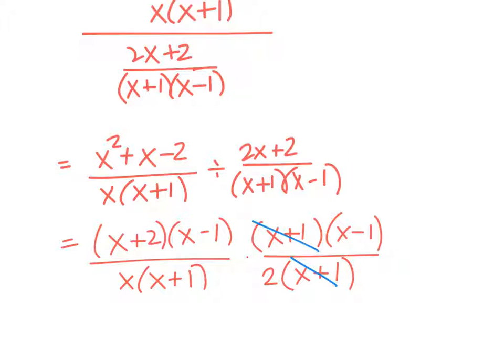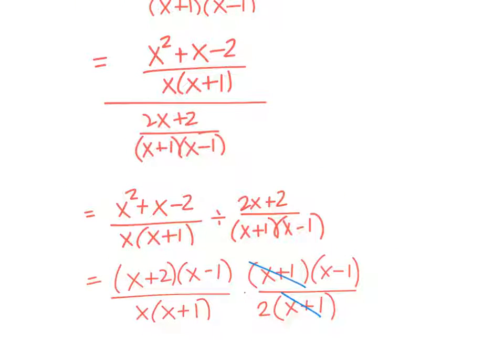Is that it? Did I do something wrong? I think there was one more thing I can cancel. That's supposed to be x minus 2. Oh, wait.